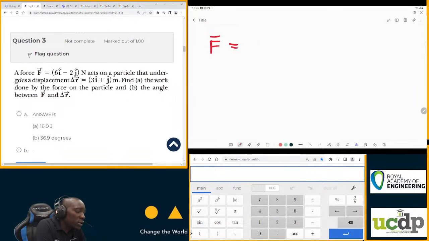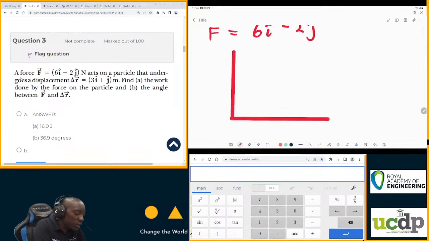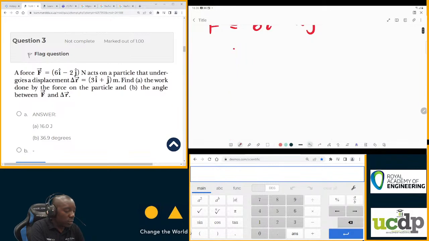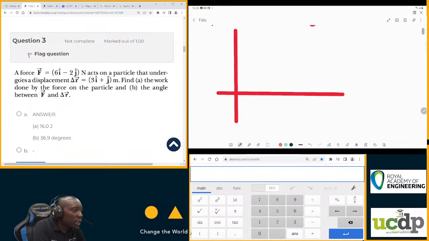It is given by 6i minus 2j, and we can try and represent that on a Cartesian plane.